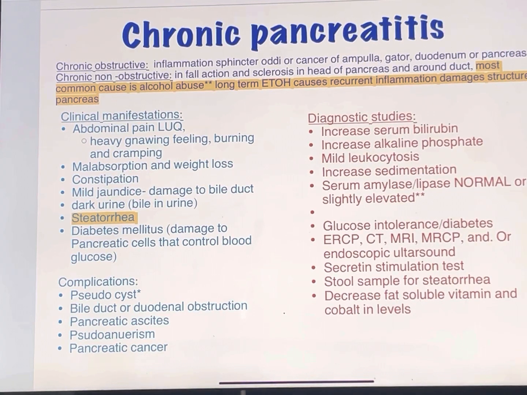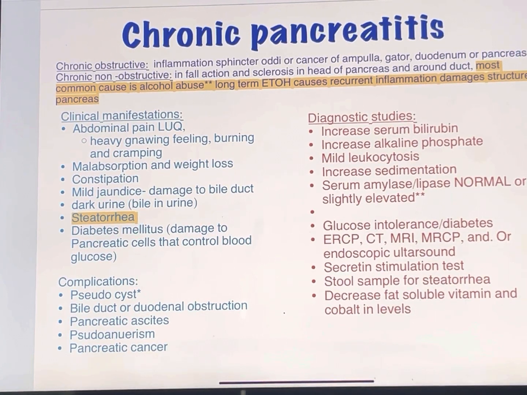Malabsorption and weight loss are also very common due to the fact that those pancreatic enzymes that break down and help us absorb nutrients are no longer being secreted and/or used properly. This can also cause constipation and jaundice. You will often see dark urine with chronic pancreatitis due to the bile buildup that ends up being excreted through urine. Steatorrhea will be seen with these patients, which is fatty bowel movements.